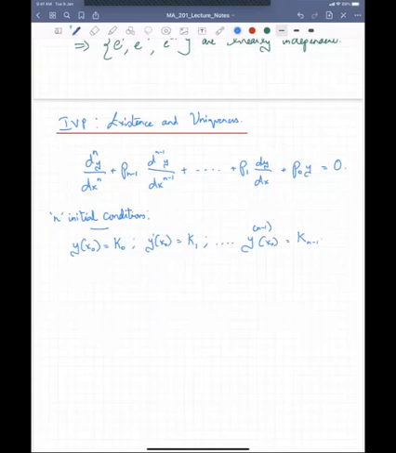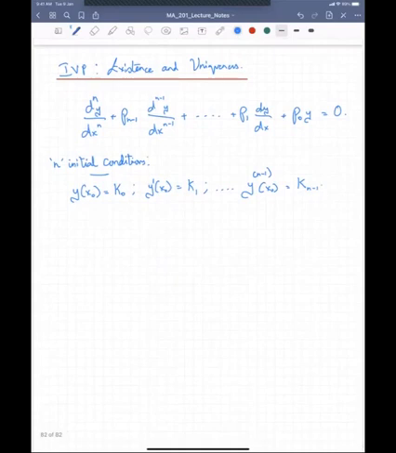It is not necessary that I supply all the initial conditions at the exact same point x0. In this case, I've just written it like that for simplicity. But for example, I can supply y at x equals 2 and y prime at x equals 5 and so on, and that's totally fine. I just need n conditions on y and its n minus 1 derivatives.